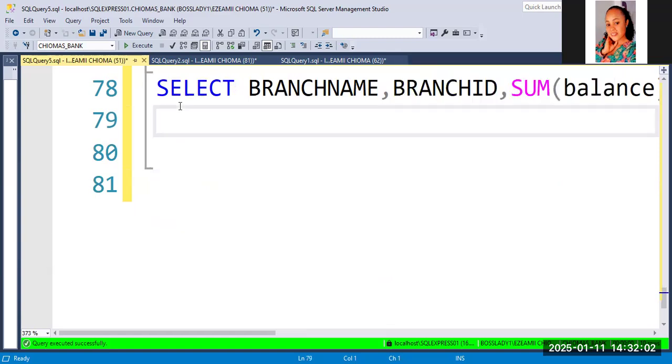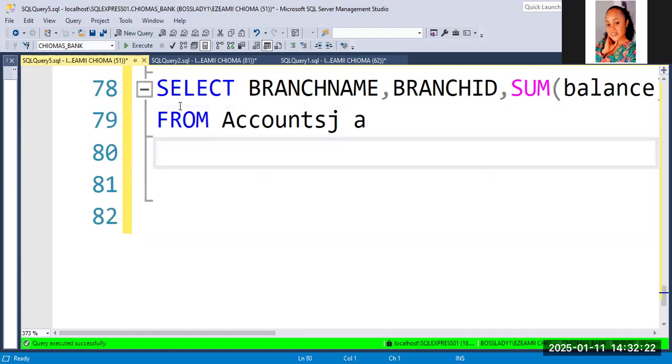So this will give us everything we want to select. We want to select from our accounts table, because we want to know all the balances in all accounts and group them by branches. So accounts as our A table, right join, all the information in the branch table and the accounts table.